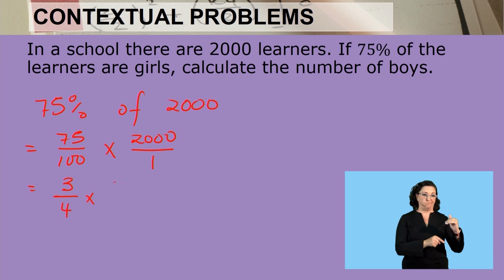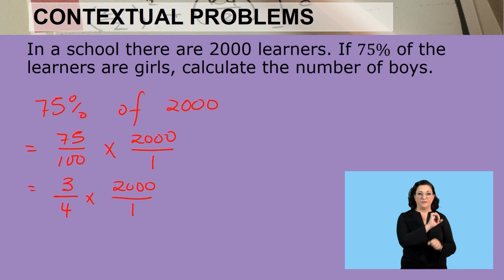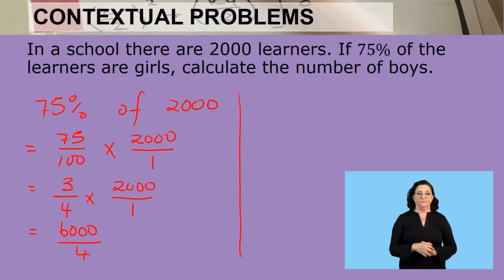Now we have 2,000 out of 1. And 3 times 2,000 will give us 6,000 out of 4. We're going to continue right here. Now we then say 6,000 divided by 4 will give us 1,500. And we know we have 1,500 girls.